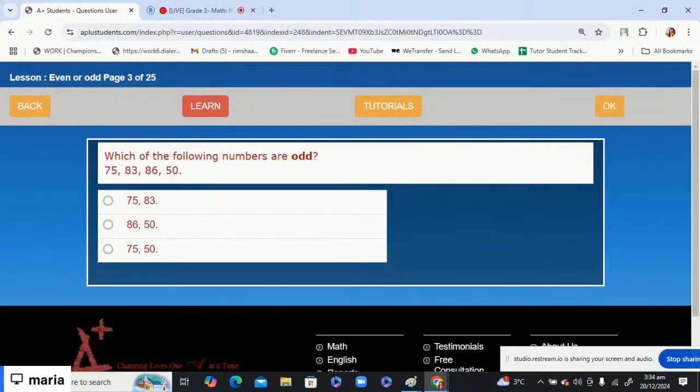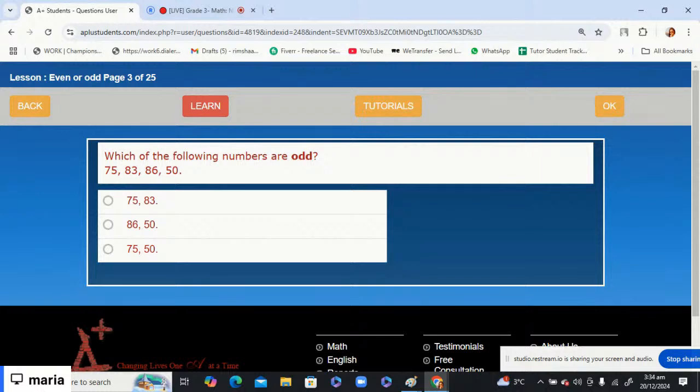Now you guys tell me the answers of these, okay? Which of the following numbers are odd? 75, 83, 86, or 50? Check all these numbers and then tell me which ones are odd. First of all, check 75. Is 75 an odd number? Yes.